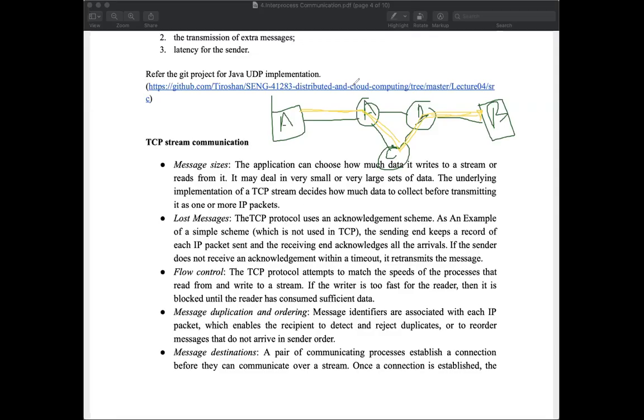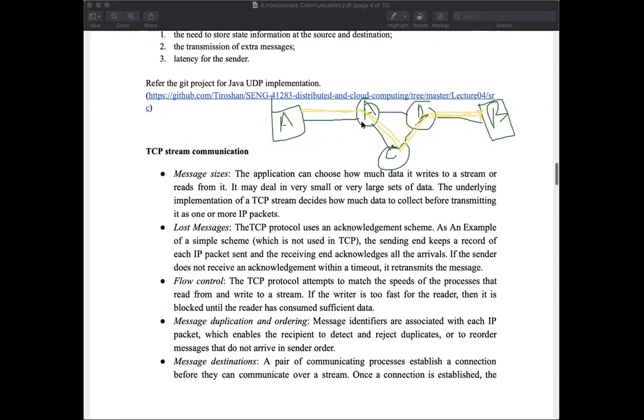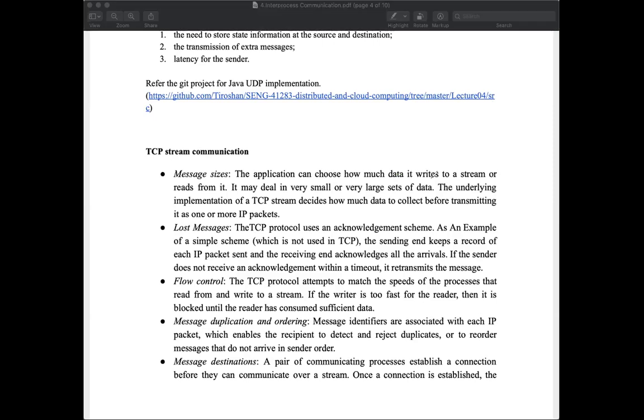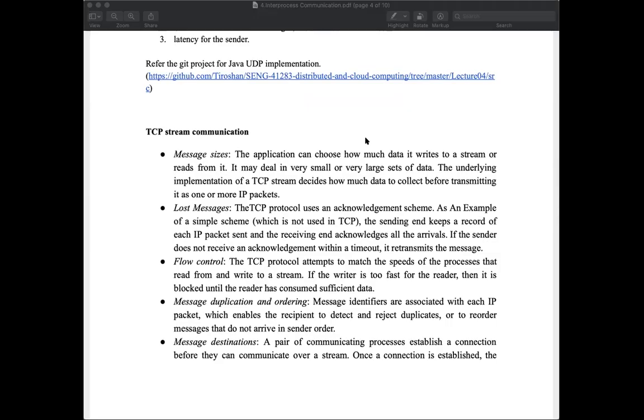So in TCP, basically we had the acknowledgement as well, right? In a TCP communication, again, they define the message size.